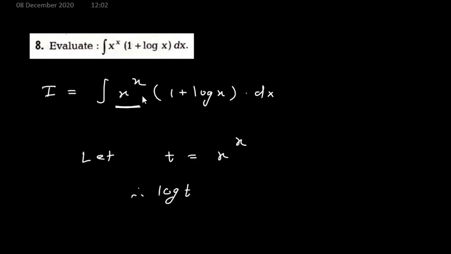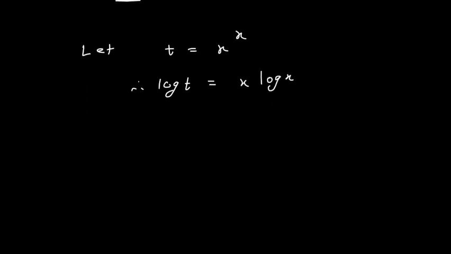So you have log t equals x into log x. Then if you differentiate, you will get 1 upon t into dt upon dx equals x into 1 upon x plus log x. You have to use the u into v method. Now, when you are solving a problem, it is not necessary that you show this step if you remember the formula.